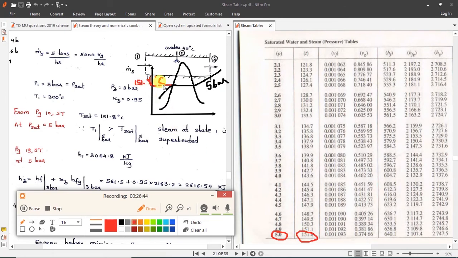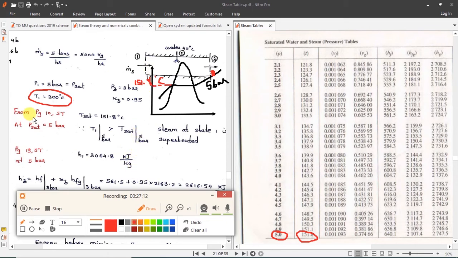151.8 degrees Celsius. Now what is the given steam temperature? Given temperature is 300, which is above the saturation, means this point is somewhere over here, means this will be where? In the superheated region. So indirectly it is given in the question that the steam at point 1 which is entering is superheated steam. Now we have to write this in the solution.